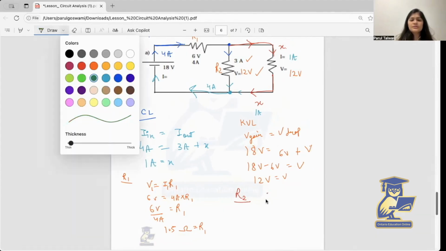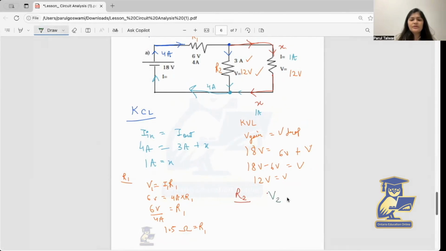Ohm's law is V equals IR. So V2 equals I2 times R2. V2 we know is 12 volt, I2 we know is 3 ampere, multiplied by R2. Again, we can just solve this. 12 volt divided by 3 ampere will give us the resistance, which is 4 ohms. So this is 4 ohms across R2.